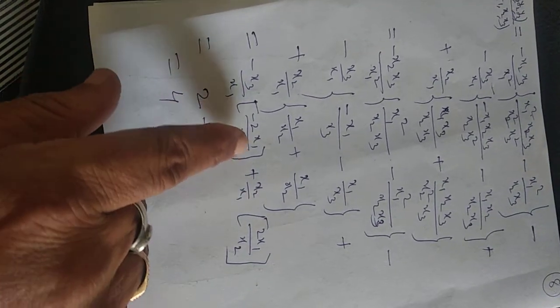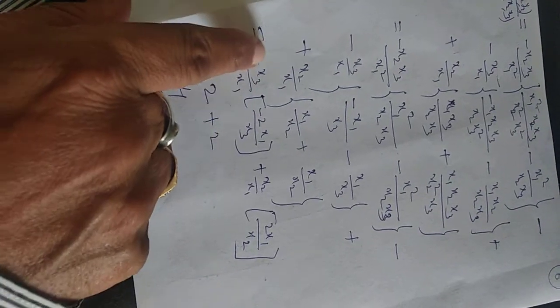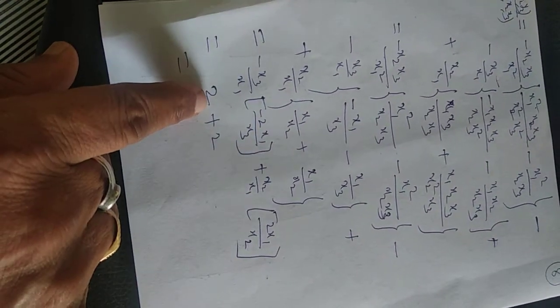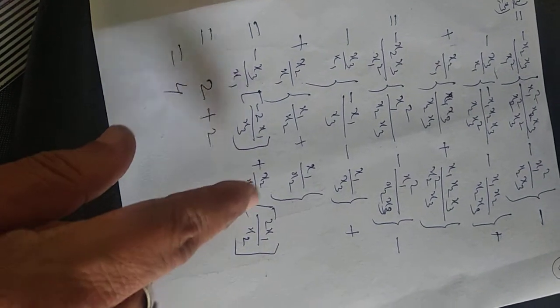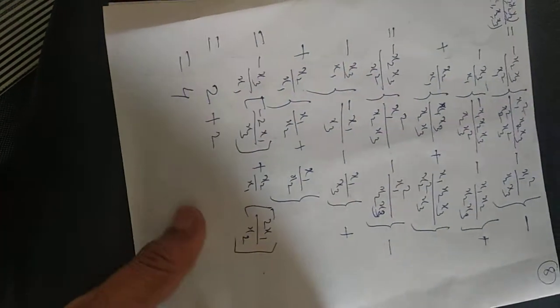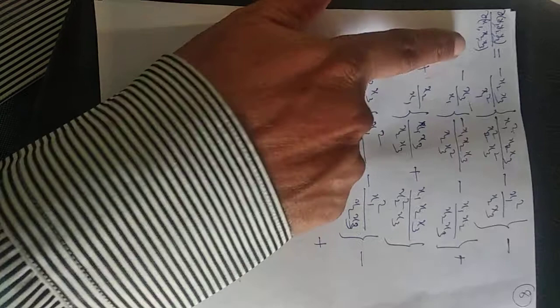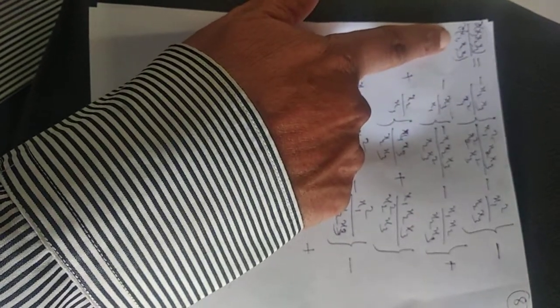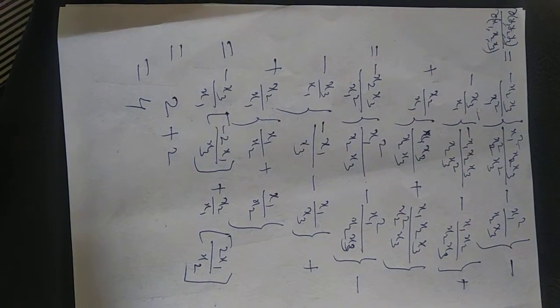So this becomes 2 because x3 gets cancelled, x1 gets cancelled, minus minus plus, this 2. Then this one is 2 again, x2 gets cancelled, x1 gets cancelled, 2. 2 plus 2 is 4. So we have proved ∂(y1,y2,y3)/∂(x1,x2,x3) is equal to 4.